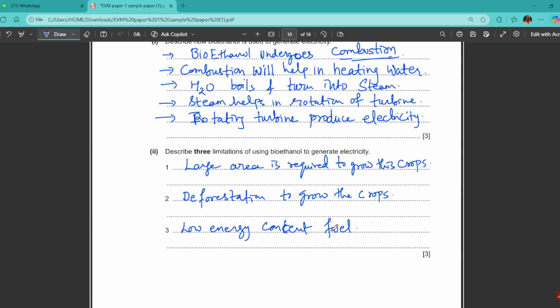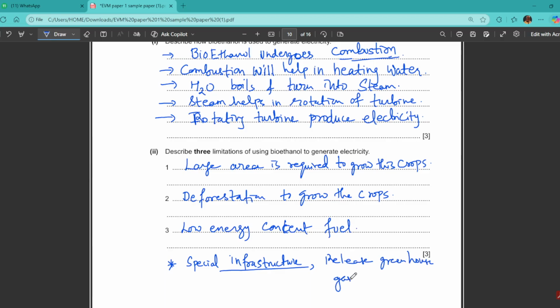Okay, there are a few other things also you can mention, like specialized infrastructure is required for the bioethanol, that means you have to spend a lot of money, and very important one, it releases CO2, a greenhouse gas.